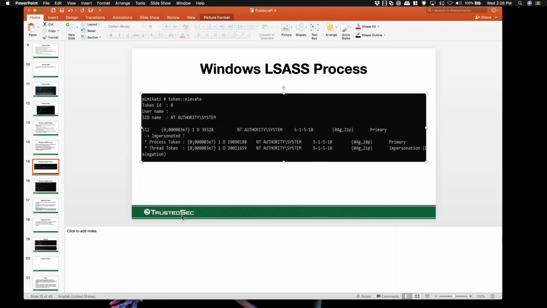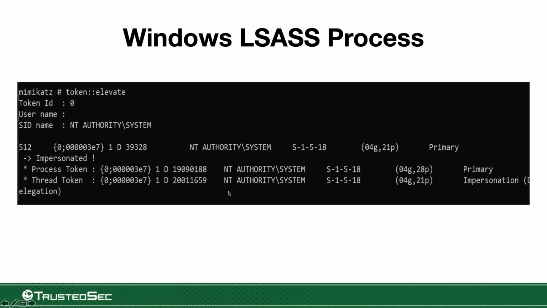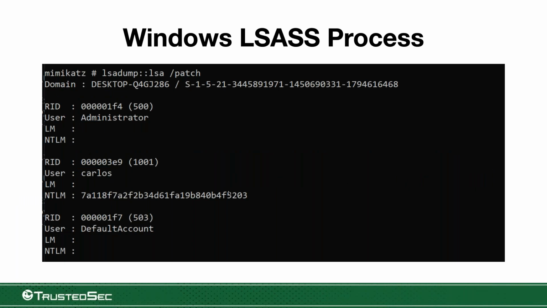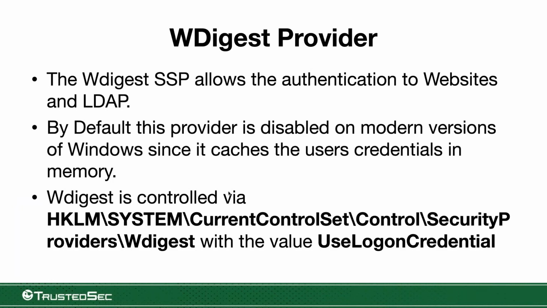So let's go here. And here you can see the steps where I did token::elevate, and then I did lsa /patch. Now, one of the providers, WDigest SSP, that is used for authenticating to websites and LDAP, is disabled by default on most systems.